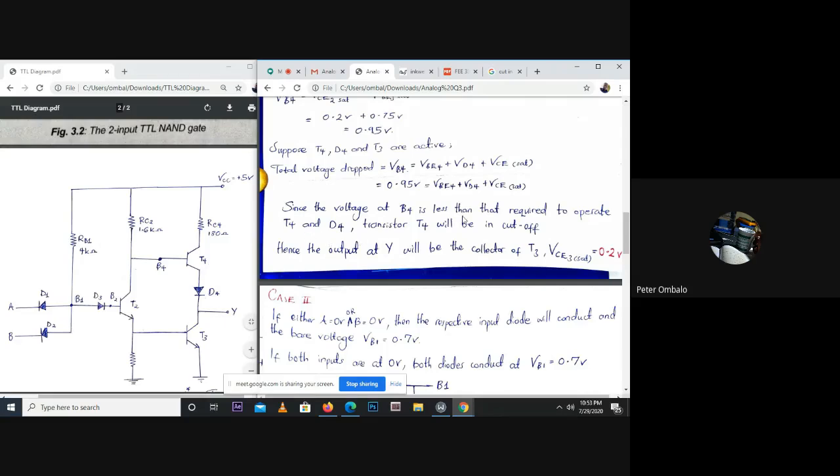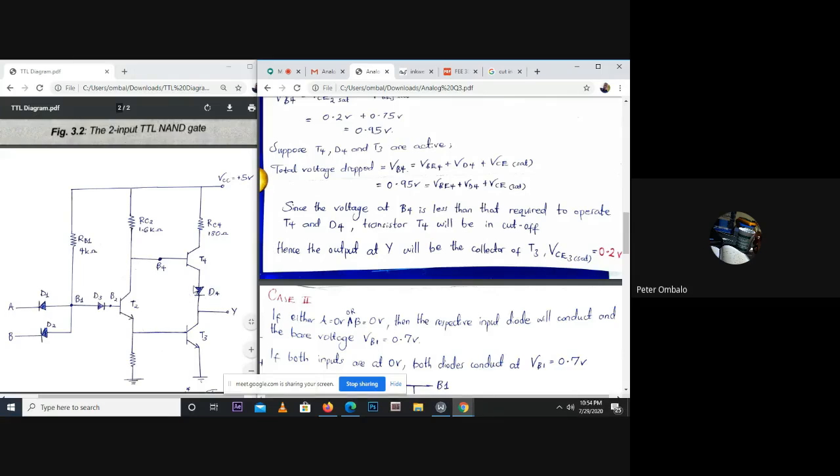Now, we realize that the voltage at VB4 is 0.95 volts, and for this transistor to be active, it will take 0.7 volts from 0.95 volts. And then we will be left with 0.25 volts, which is supposed to be the drop at this diode.